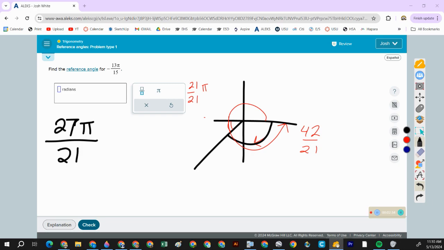And I mean, both of those have pi's on them, right? So 27 pi over 21 is closer to 21. So it's also going to be about right here. And the reference angle will be 6 pi over 21, because we went 6 pi over 21 farther than 21 pi over 21. So 6 pi over 21 would be the reference angle. And that's going to simplify into 2 pi over 7.